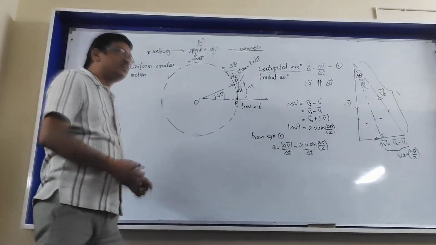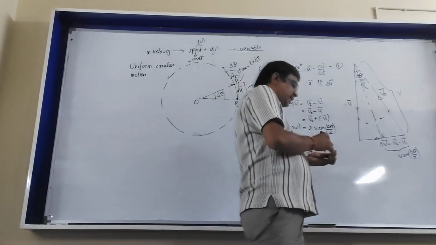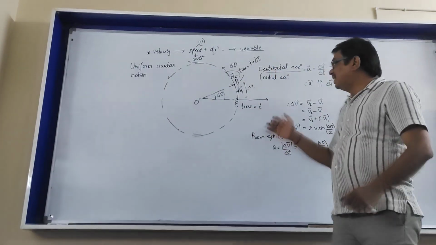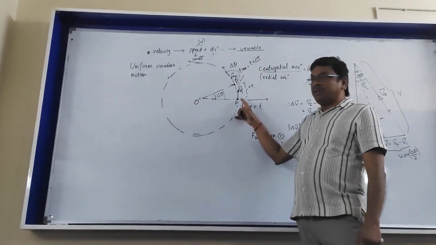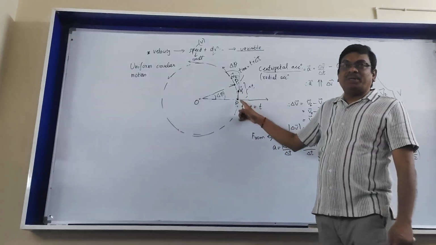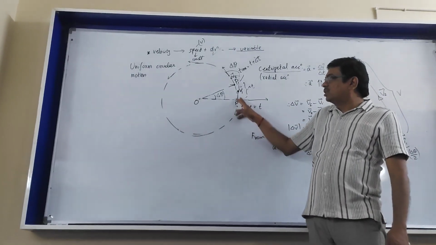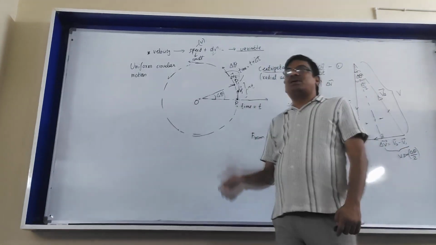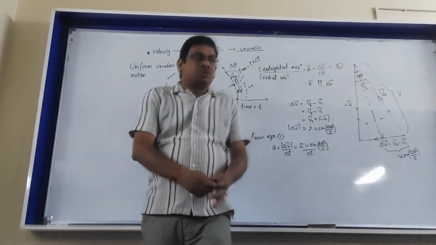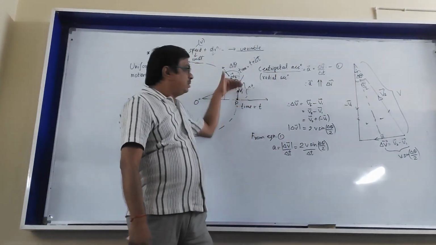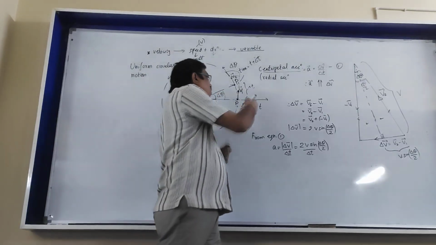Is this okay? Right. Now try to understand. We are interested in the instantaneous acceleration when the particle was crossing position P naught. Actually it was coming like this, and as it was crossing, at that instant we wanted the acceleration. So that means delta theta is very small, and of course delta t is also very small.